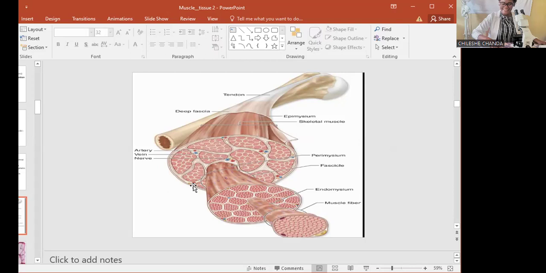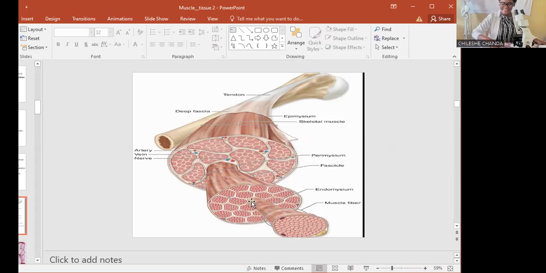Now, when you get this fascicle and combine it with another fascicle and another fascicle, and you put them together, around it there is going to be another layer of connective tissue.